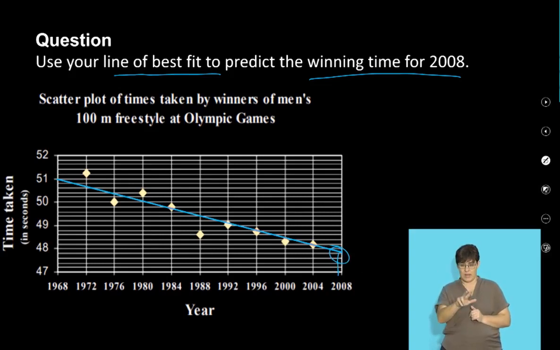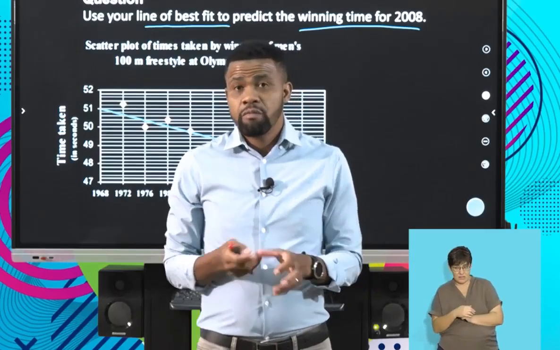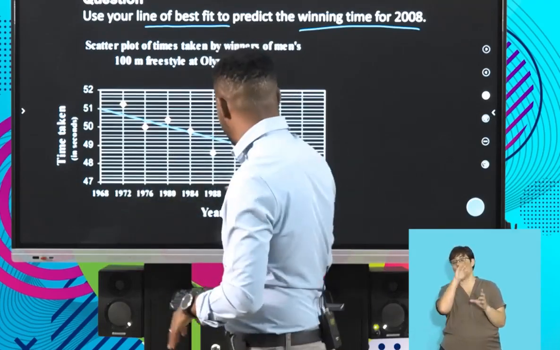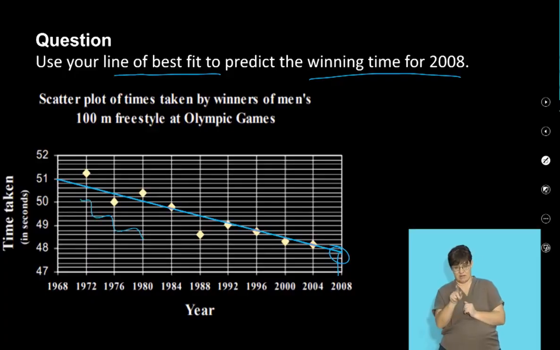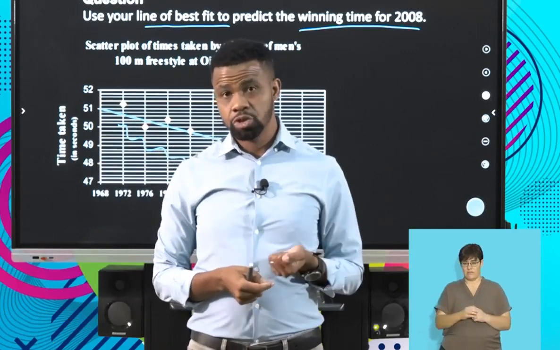But also looking at 2008, we're kind of extrapolating. Do you believe that? Is that accurate? Remember, when we interpolate, if we predict within the data, the reliability of the answer is really good, but outside, the reliability is not that strong.